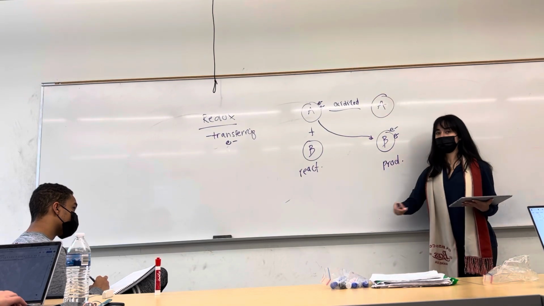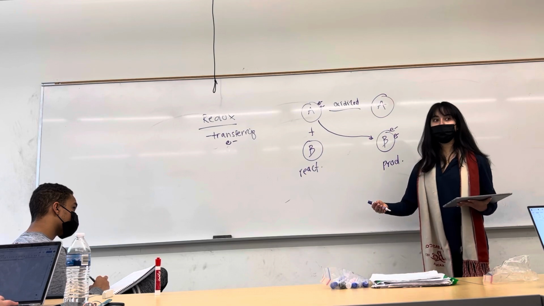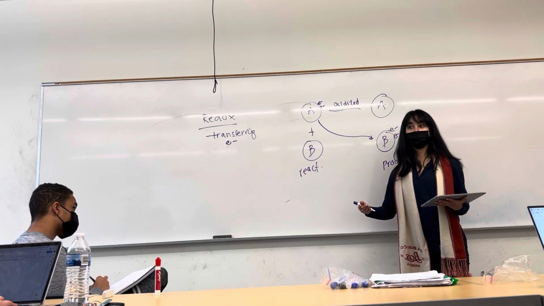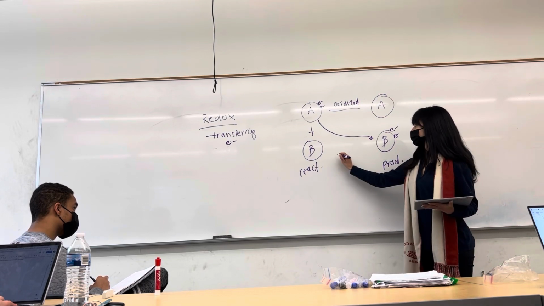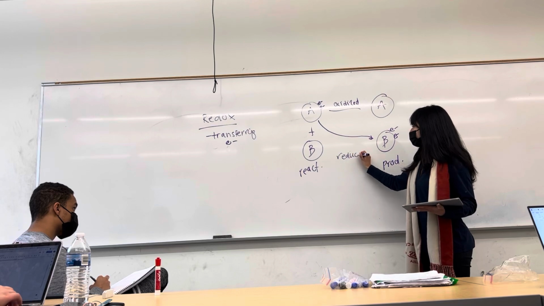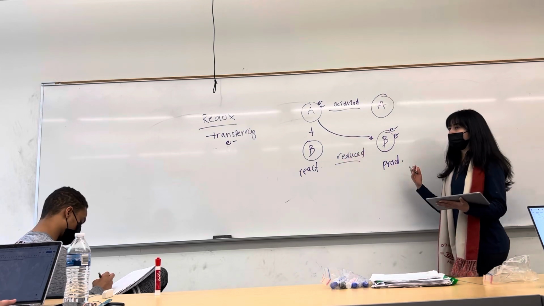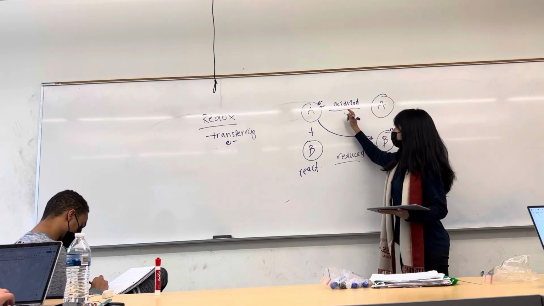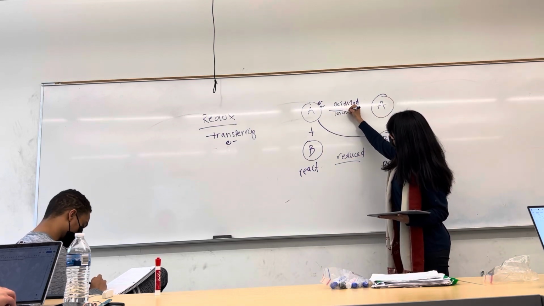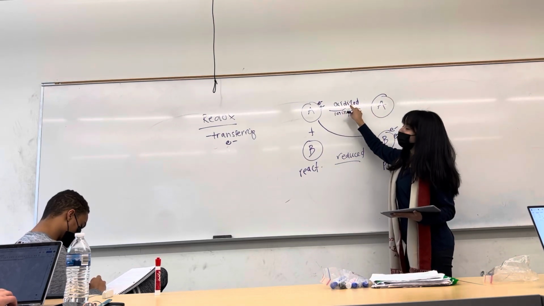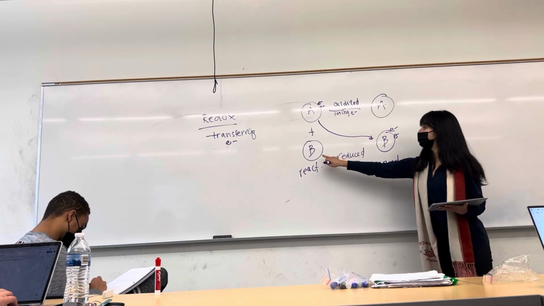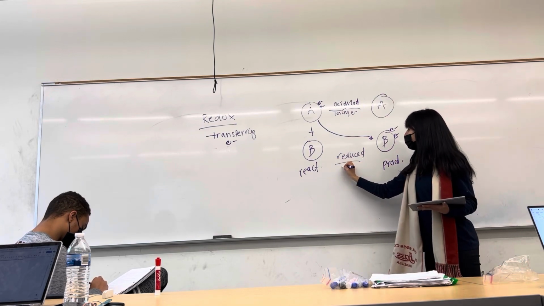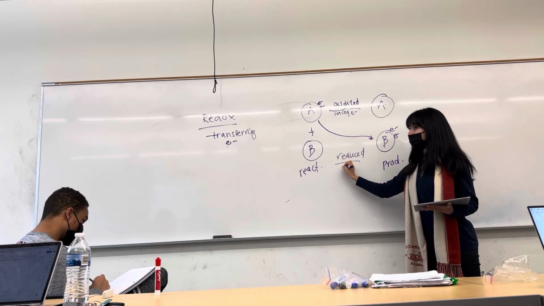If you're getting electrons, you're becoming what? Reduced. Do you see where I went with that? Do you understand where I went? If you're losing electrons, you are oxidized. If you are gaining electrons, you are reduced.